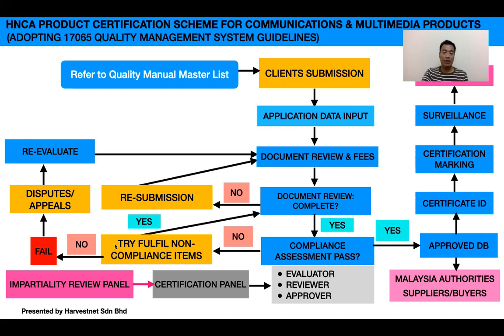But if you cannot fulfill the non-compliant items, we can tell you this product failed, and then you have the right to appeal and dispute, to request us to do re-evaluation. If it's re-evaluation, you have to go back through the document review and pay the necessary fees.